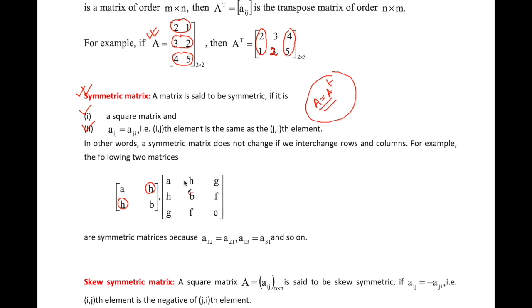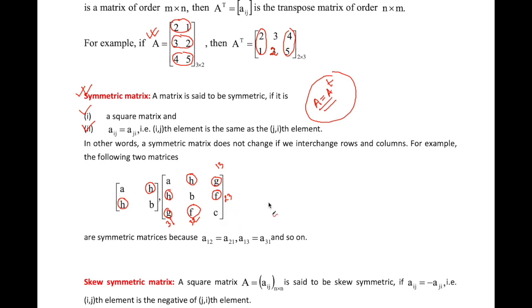You should note that it will be symmetric when this component and this component are the same, and this component is at position 1 3 and the other at position 3 1. So these components need to be the same, and this one and this one should be the same because the position of this one is 2 3 and this one 3 2.